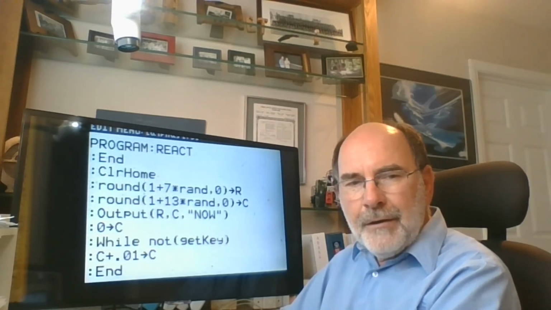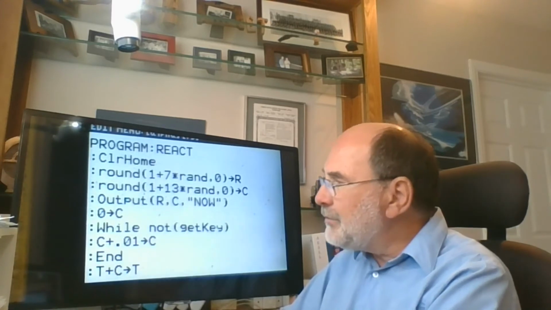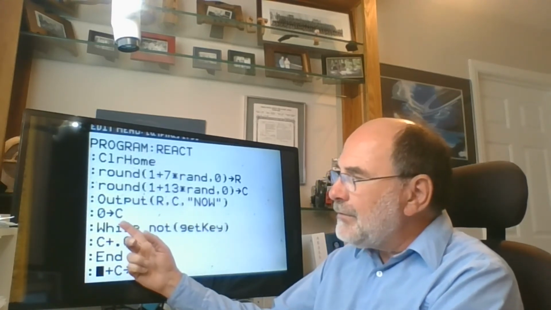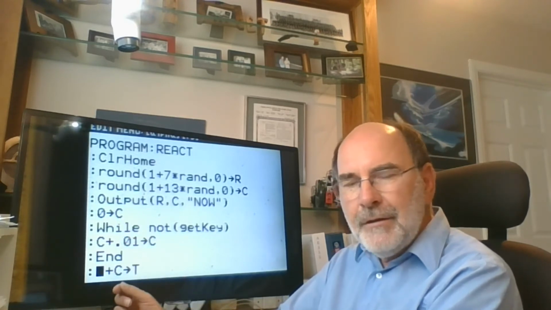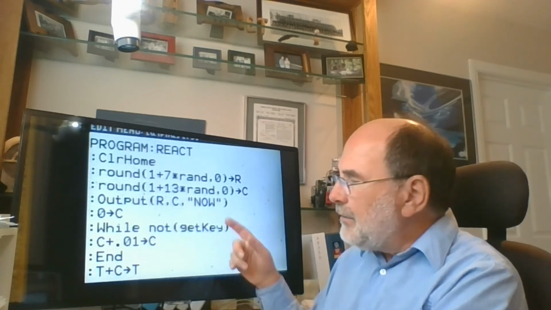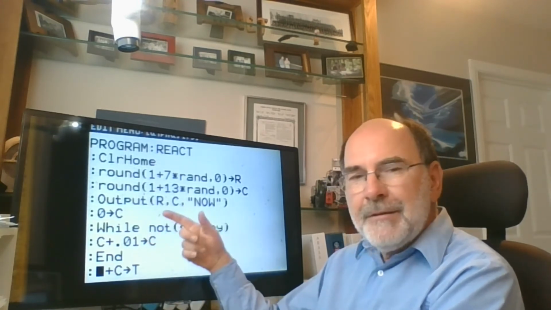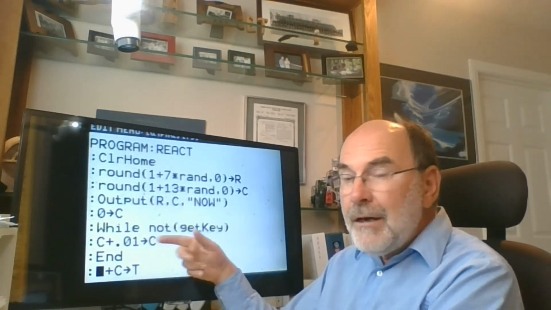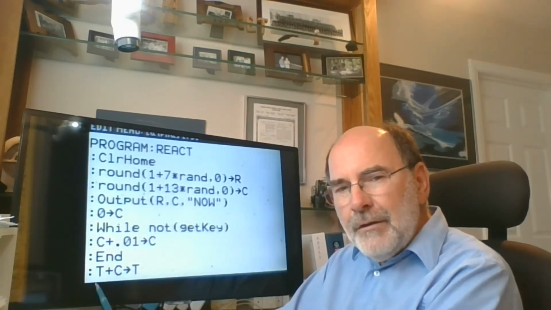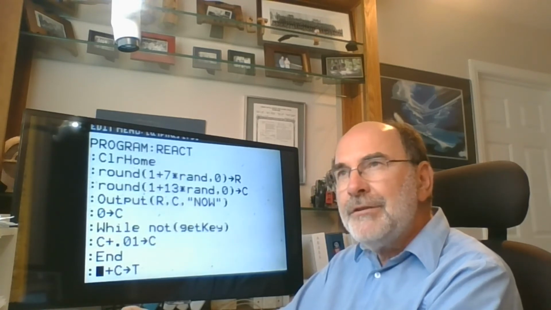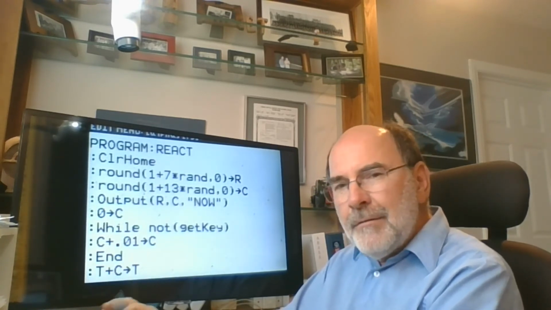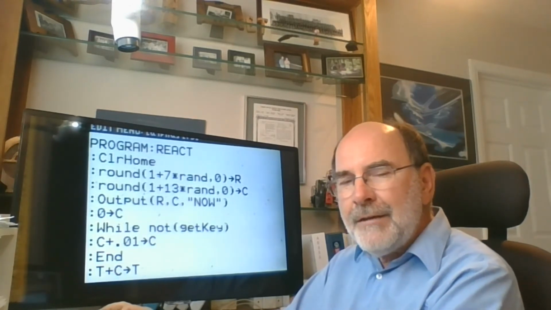Here's the part where, as soon as you display the message that says NOW, you zero out your timer, your counter, and while no key is being pressed, you increment the counter and loop, increment the counter and loop, until any key is pressed. Now, if you wanted to upgrade this, instead of displaying the message NOW, you could display a message that says, press the, and pick some number, press the 5 key now.